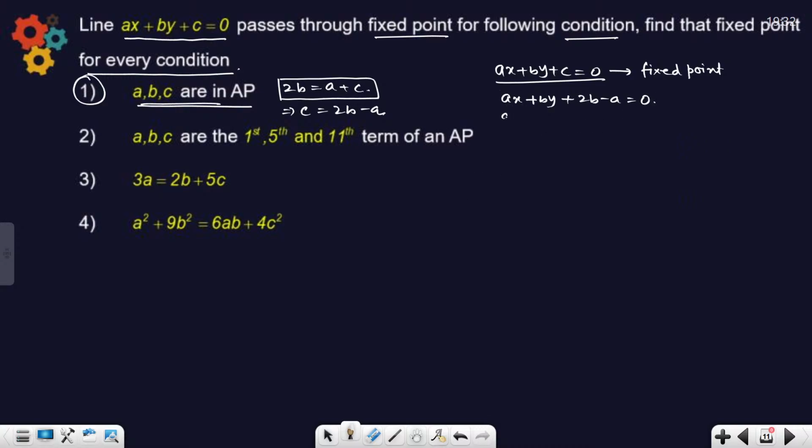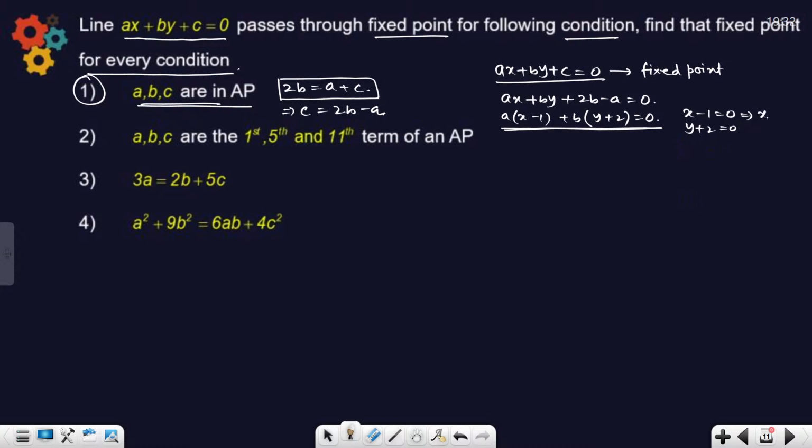Now, if I write it in this way, what are you going to have? An equation something like this: A times (x minus 1) plus B times (y plus 2) equals 0. So this is the form of a line which is passing through a fixed point, which is nothing but the point of intersection of this and this line.